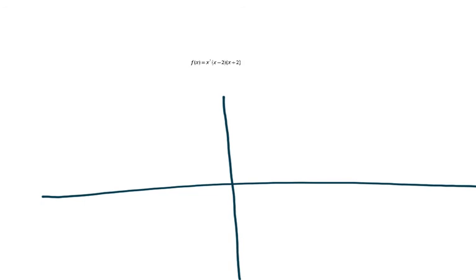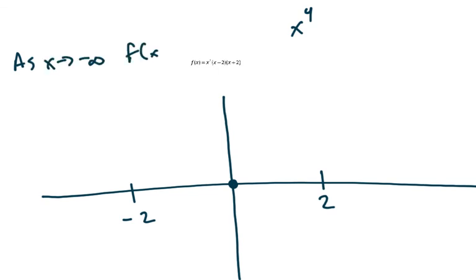So, once more, x squared is at 0, and we have 2 and negative 2. If we multiply these all together, we get x to the 4th. And what that tells me is that as x approaches negative infinity, f of x is going to be positive.